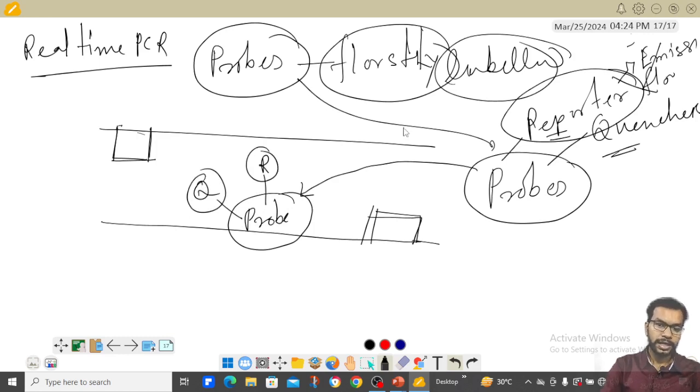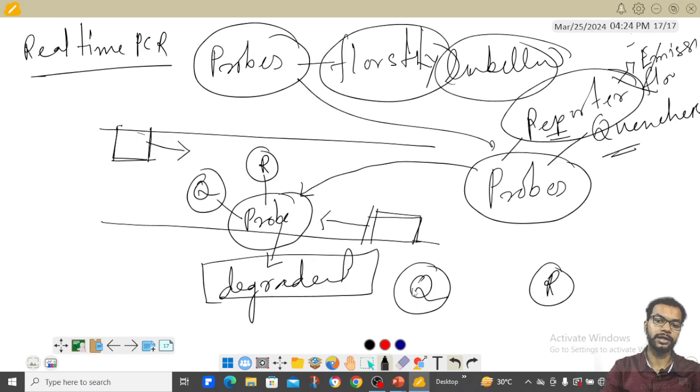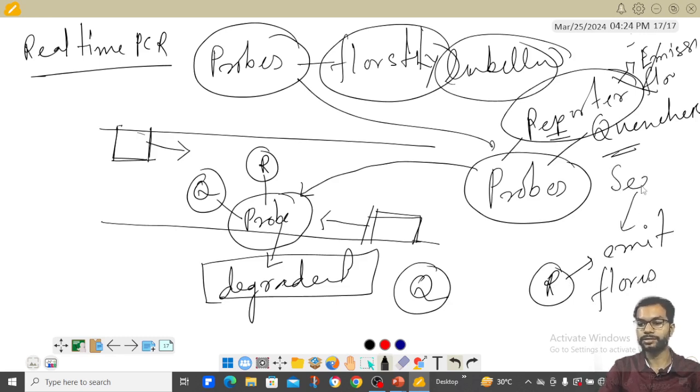If this segment is amplified by Taq polymerase or DNA polymerase, then the probe gets degraded. When the probe gets degraded, the quencher and reporter get separated, and when the reporter gets separated, it will emit fluorescence that can be seen.